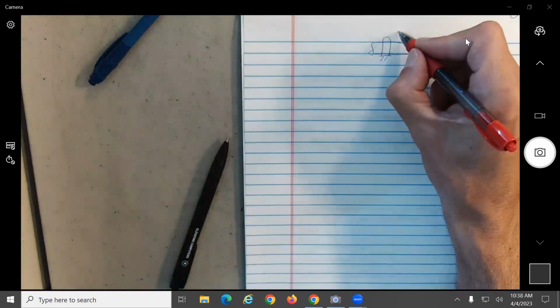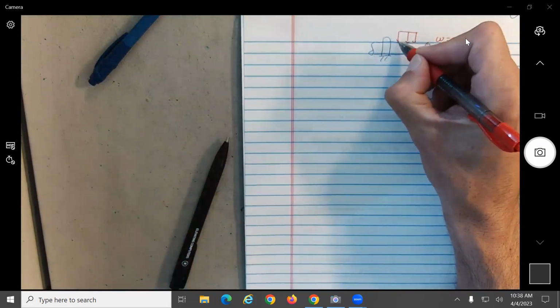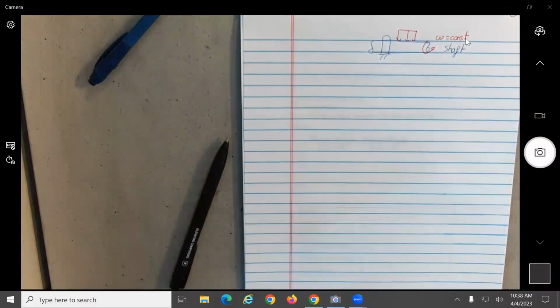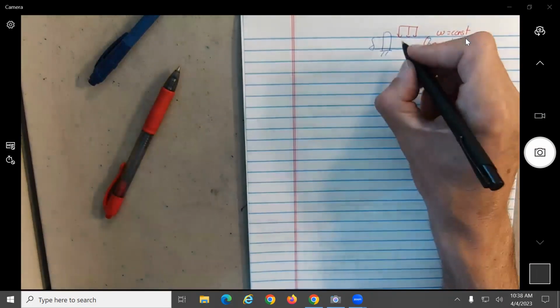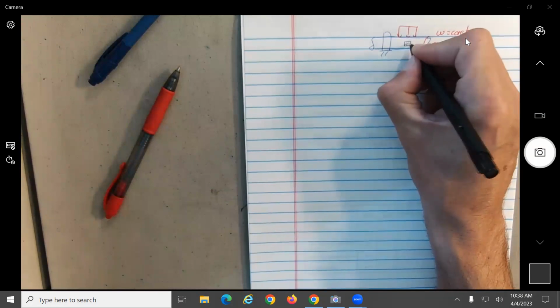Let's say it can be subjected to any type of load. And let's say we consider here one element, it doesn't matter.